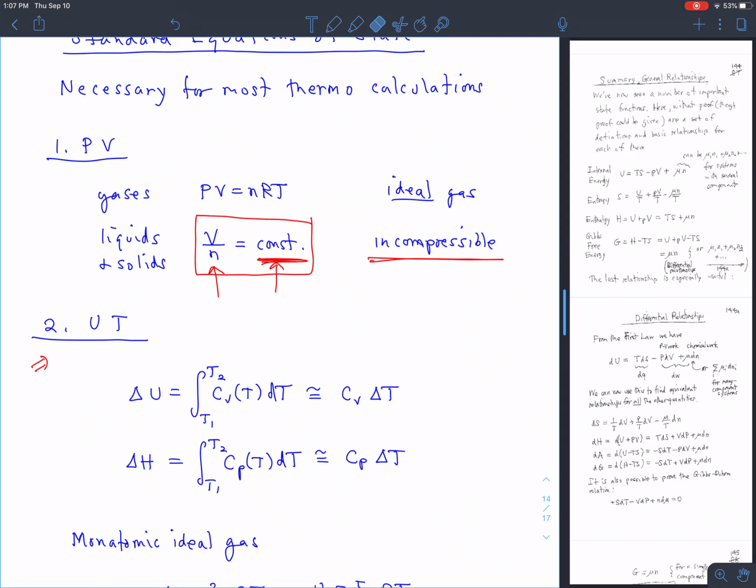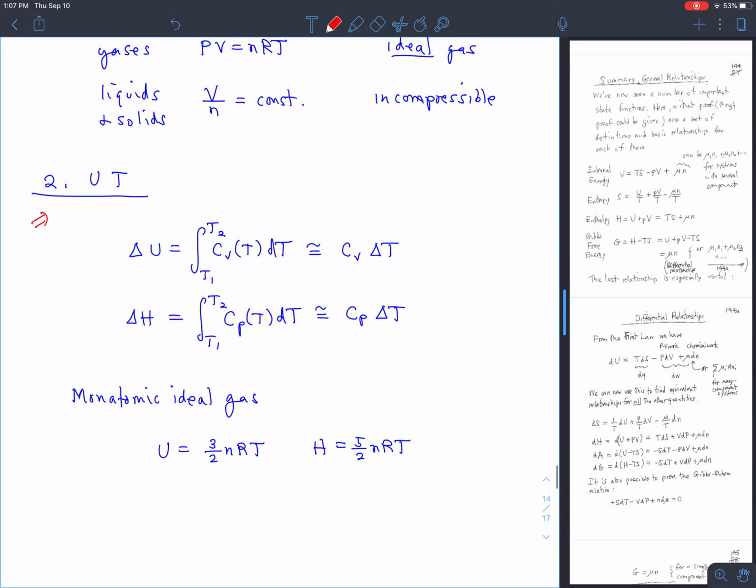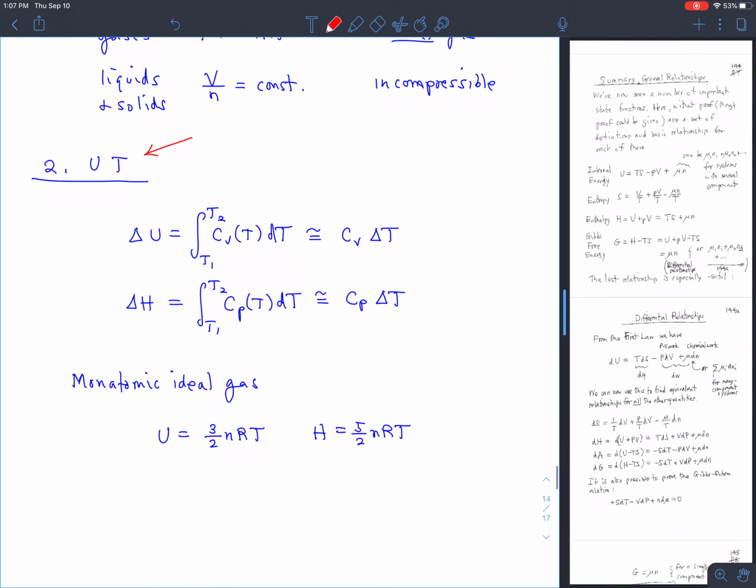But once you know that value, it's a constant, and you can use that fact in all of your calculations. All right, that's the pressure-volume relationships. Now, moving on to the energy and temperature relationships. We've already seen these. I didn't identify them as equations of state before, but now we will.